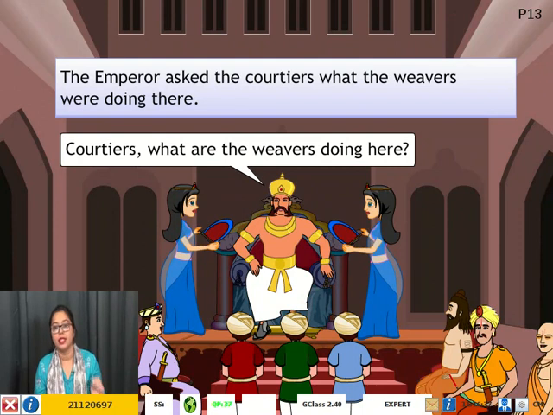Now we will convert this sentence into indirect speech. And what will we do? The emperor asks the courtiers what the weavers were doing there. So this is how the direct speech got converted into indirect speech.